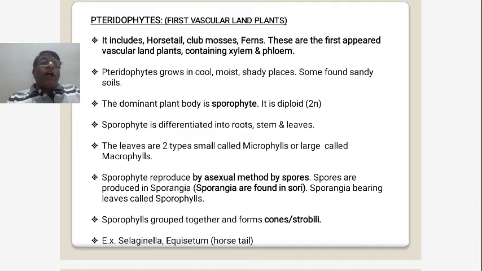If we examine the leaves of Pteridophytes, sometimes we may find two types of leaves. For example, in case of Selaginella, if the leaves are very small, they are called microphylls.